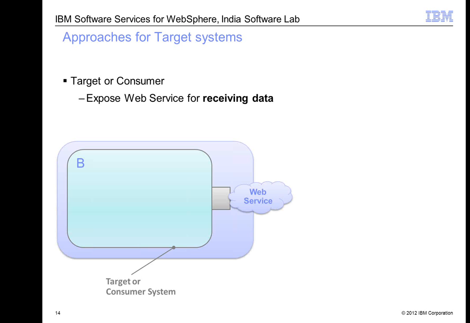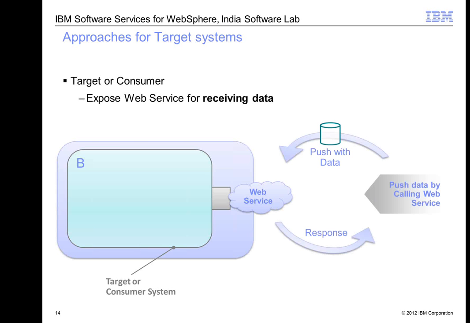Somebody outside will call your web service and push the data along with it. As part of the incoming call, all the data is also there as the payload. And there could be an optional response telling the provider thank you, we have received the data successfully, and so on. Or it could be just a one-way push.